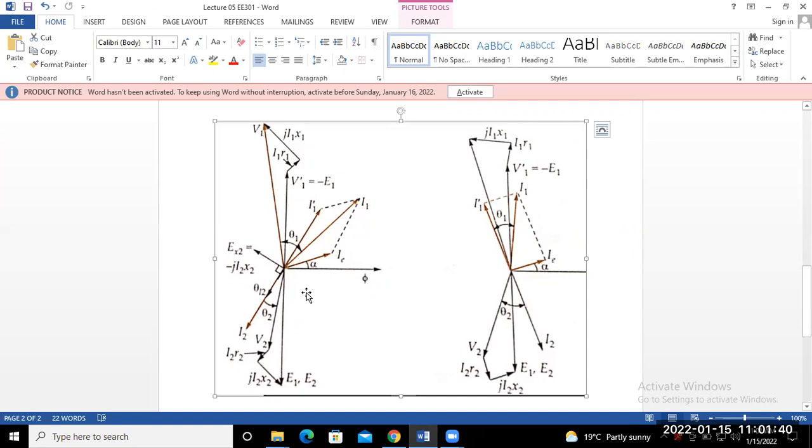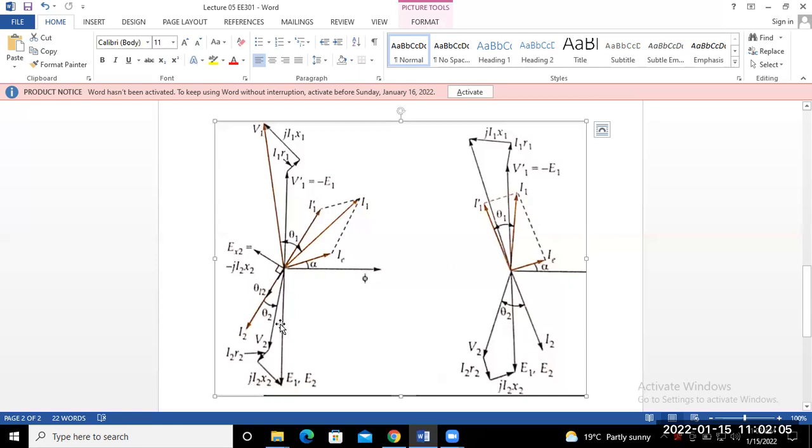Now we will try to explain all the components of the phasor diagram. If you start from the secondary side component, E2 and I1, I have to say draw in the downward direction. First you draw the E1 and E2 in the downward direction.